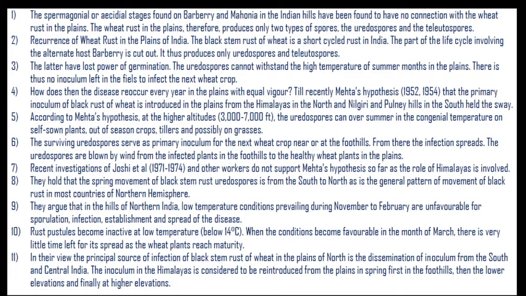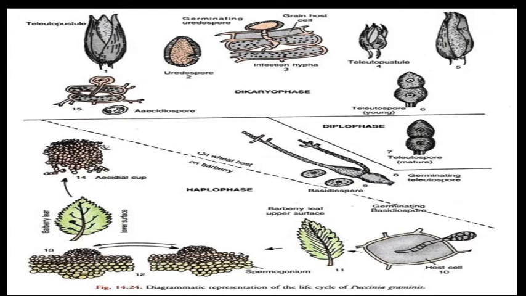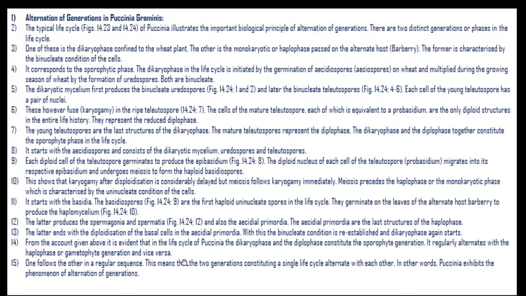Many more different types of details are recorded here. You can read them one by one, and this is another diagrammatic representation of the Puccinia life cycle. So this is all about Puccinia, and here is the alternation of generations of Puccinia.